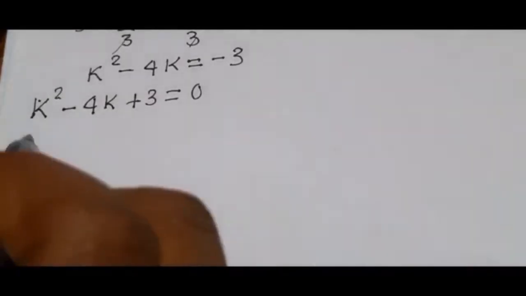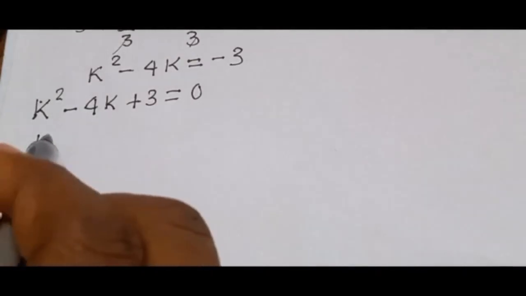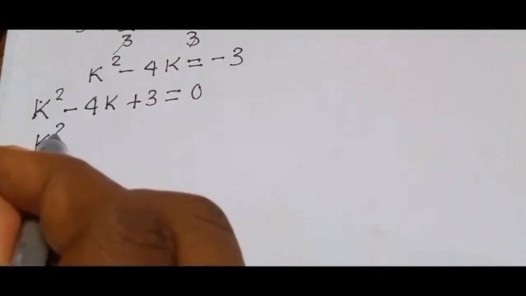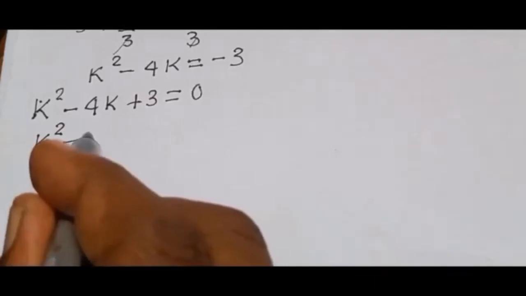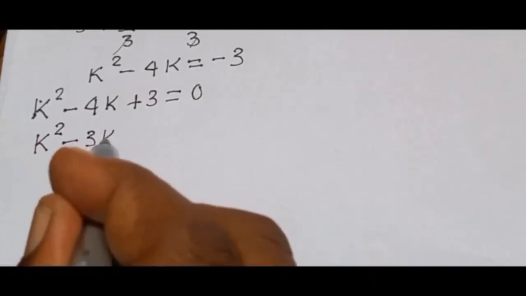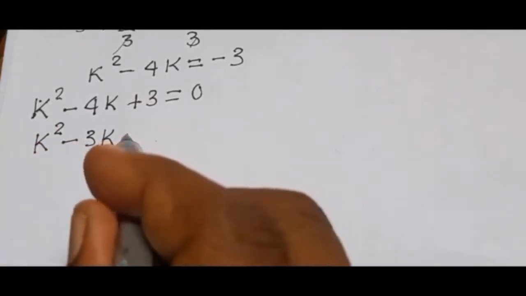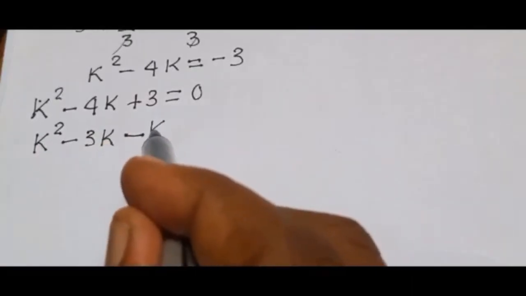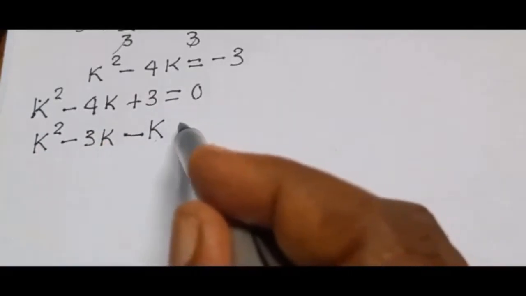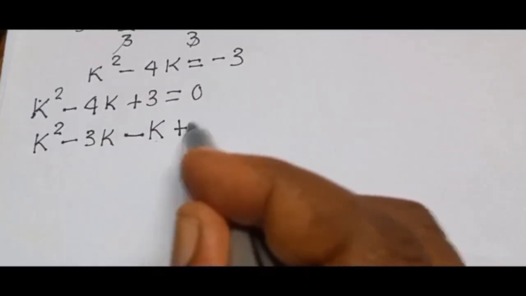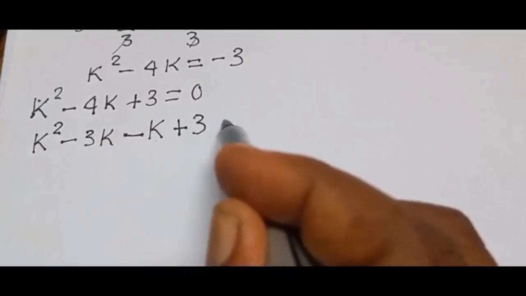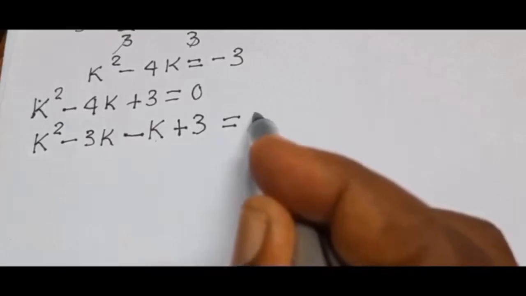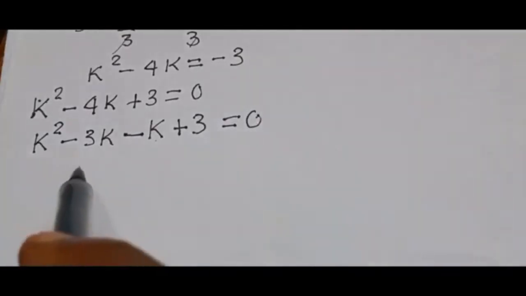So we have k squared minus 3k minus k plus 3 equals 0.